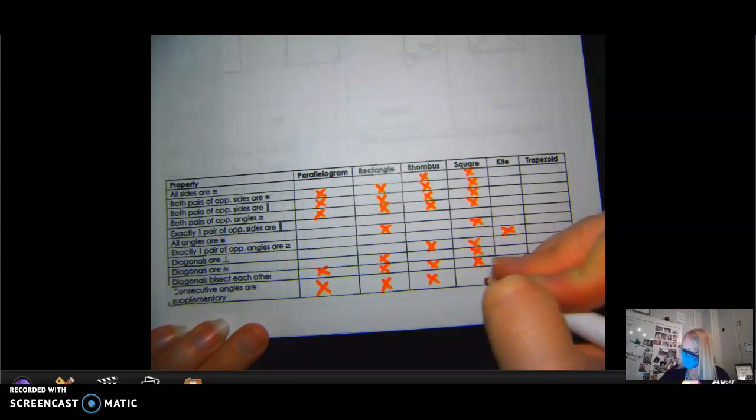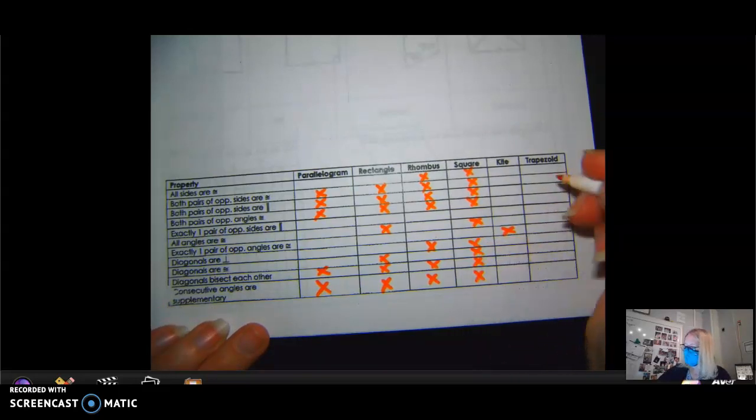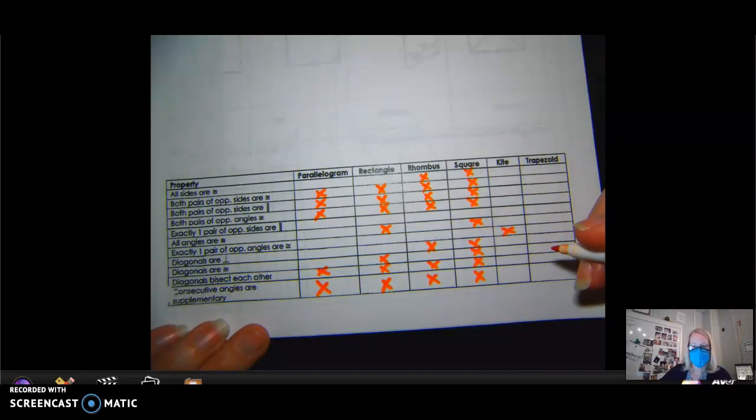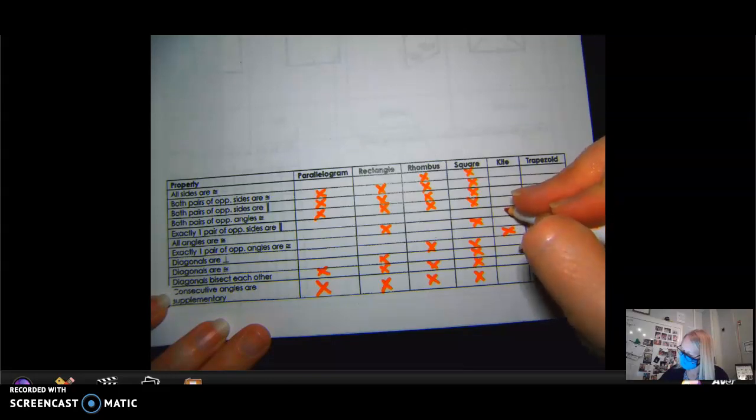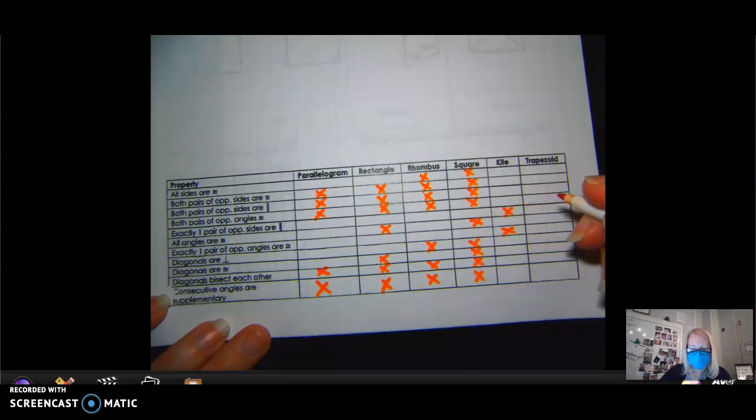Bisect. Supplementary. What are the only ones for the kite? Diagonals are perpendicular and yep. Good.